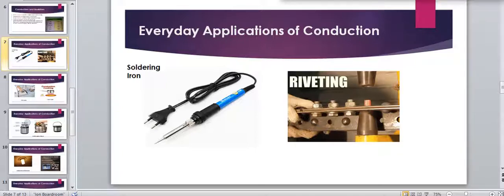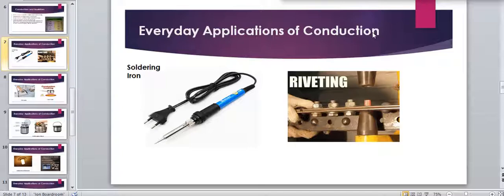So there are different everyday processes that make use of the conduction process. The first one is the soldering iron, also known as tavia. This soldering iron has an iron rod with a copper tip.